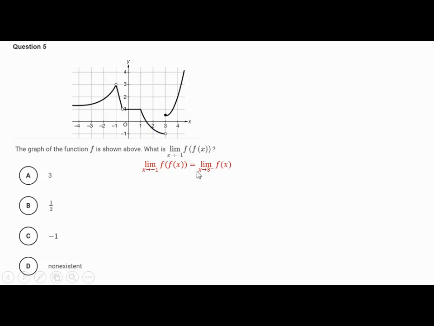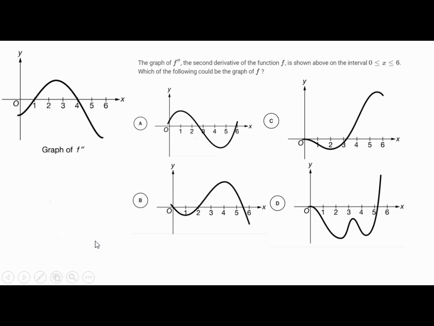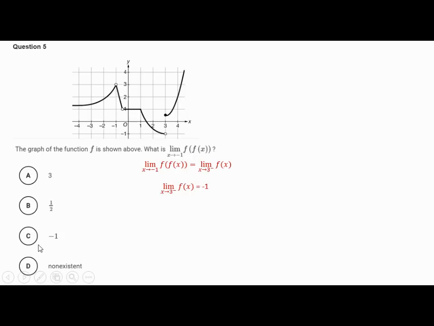And so now when we look at this expression and we look at our graph, it is approaching -1. And so this is -1. I didn't write the answer, but the answer is C.